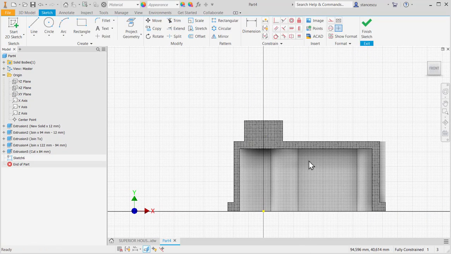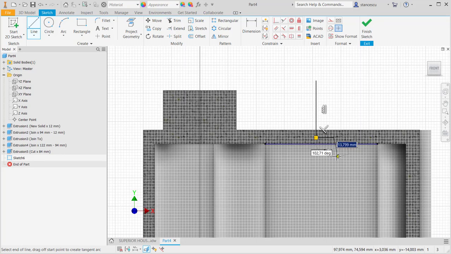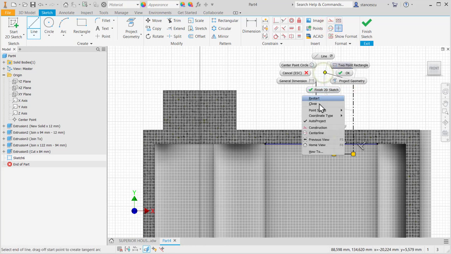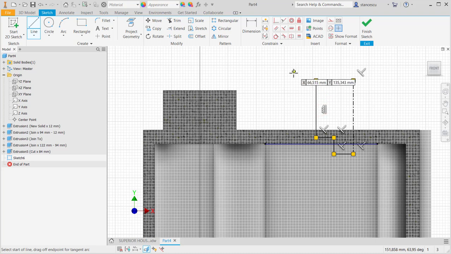F7, contour, now center line, and close with no center line. Good.